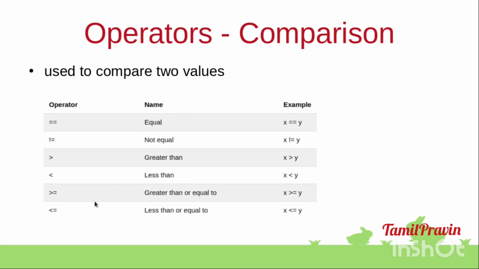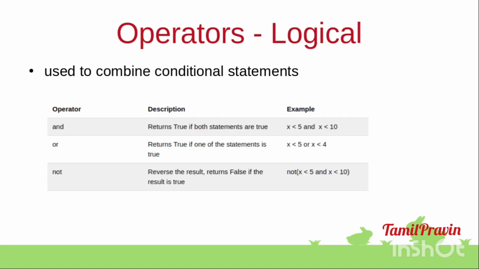This is a comparison operator. This is to compare two numbers, whether the two numbers are equal or not equal, or greater than or less than, or greater than or equal to, or less than or equal to. This is a logical operator. This is used to combine conditional statements like x is less than 5 and x is less than 10.